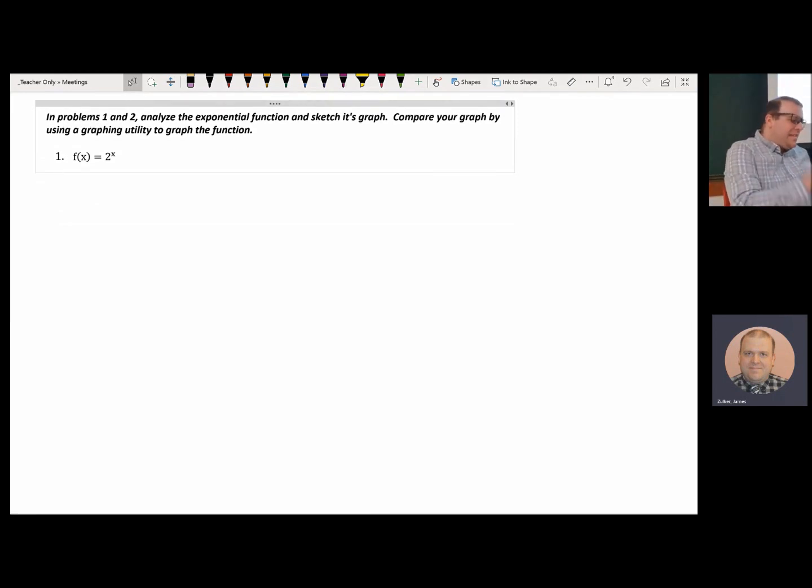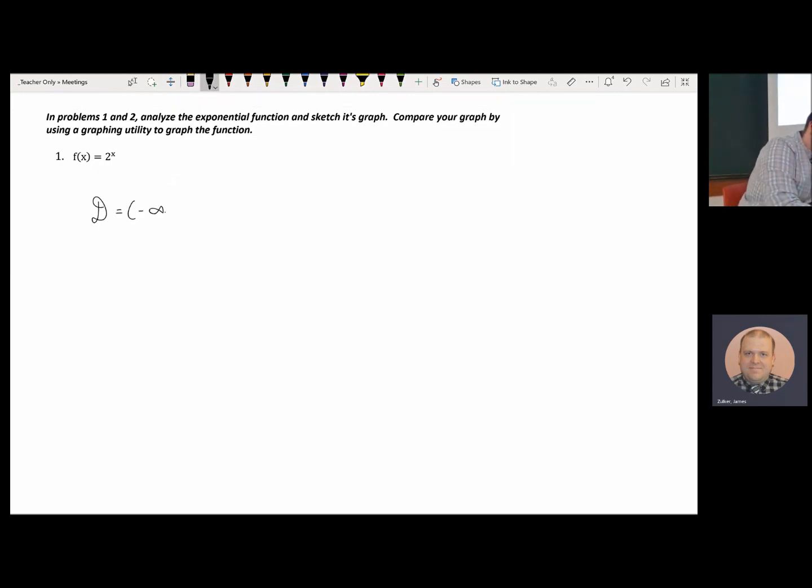So we're going to look at 2 to the x. We're going to analyze it and sketch its graph. And I'm just going to skip the part where we compare the graph using a graphing utility. You can just pull out your graphing calculator and graph it yourself. Domain remains all real numbers.